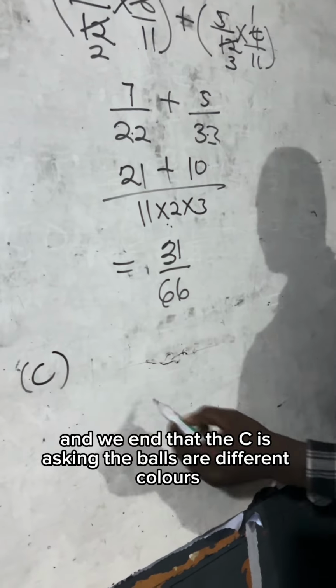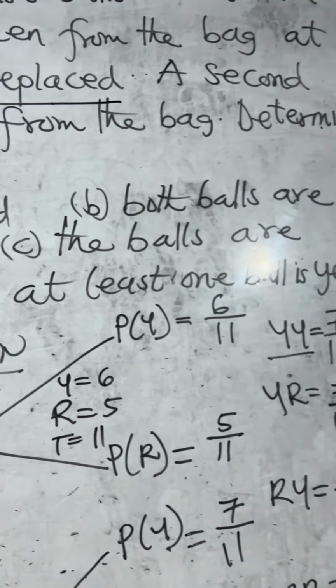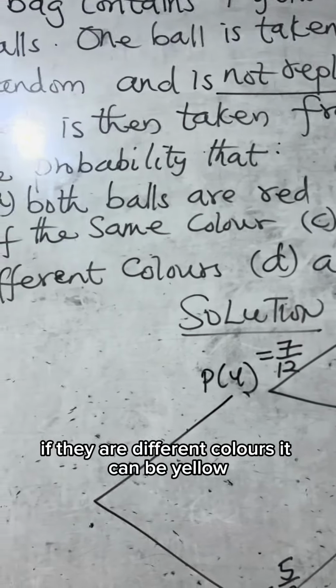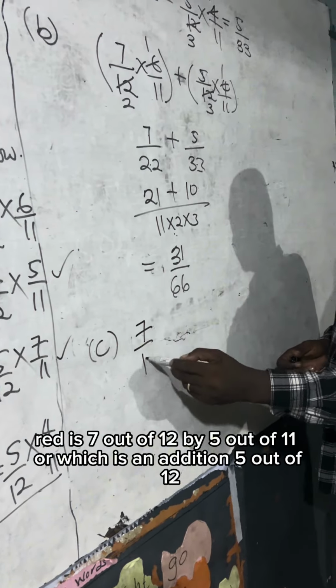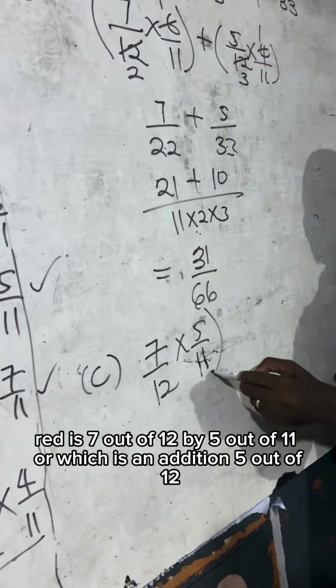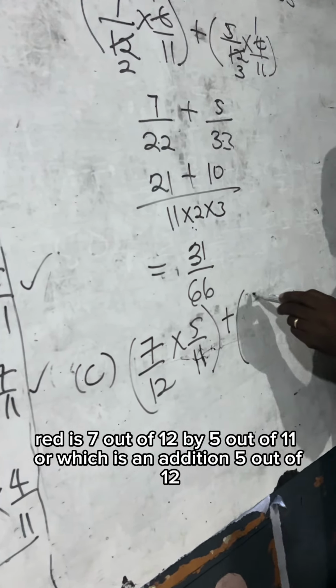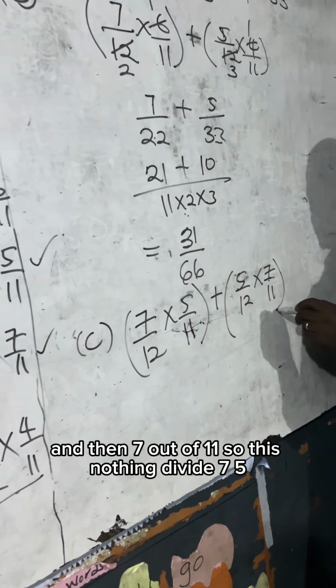C is asking, the balls are different colors. If they are different colors, it can be yellow red or red yellow. So yellow red is 7 out of 12 by 5 out of 11, or, which is an addition, red yellow, 5 out of 12 and then 7 out of 11.